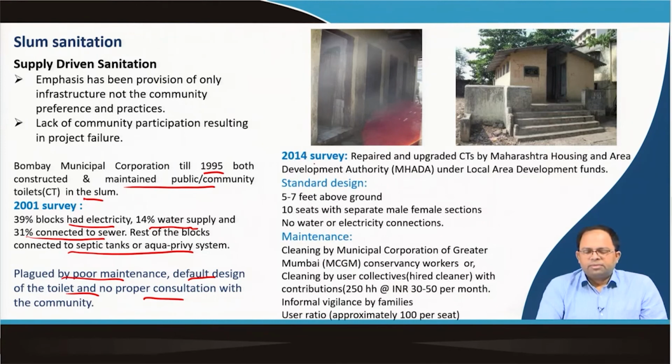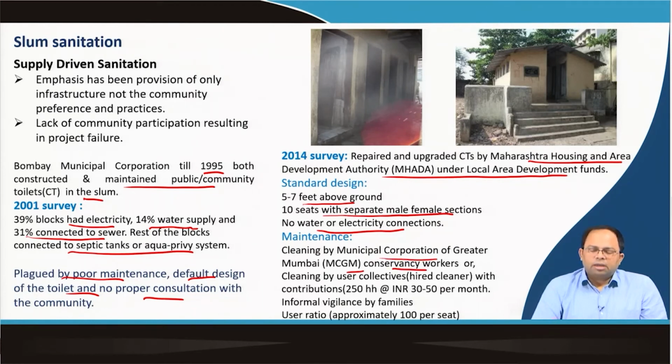In a 2014 survey, however, it was found that many of these toilets were repaired and upgraded by the Maharashtra Housing and Area Development Authority under local area development funds, and the standard design is around 5 to 7 feet above ground, with 10 seats and separate male and female sections. No water or electricity connections are still there, and maintenance is done by Municipal Corporation of Greater Mumbai conservancy workers.